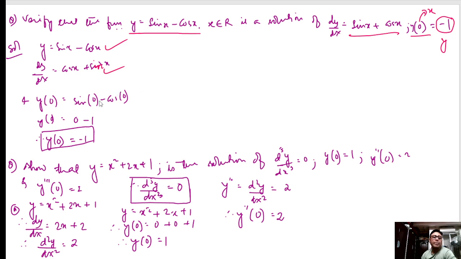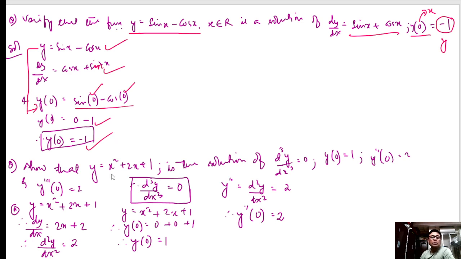So taking this equation, in place of x we put 0 and in place of y we put minus 1, so y(0) is minus 1. So we see that we got the equation.